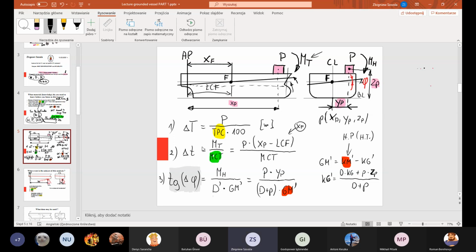Mean draft, vertical movement, delta T; trim, longitudinal movement, rotation actually; and the third one, angle of heel, transverse rotation. Linear movement, delta T, and two rotations, delta T small and tangent of the angle of heel, of the change of the angle of heel.